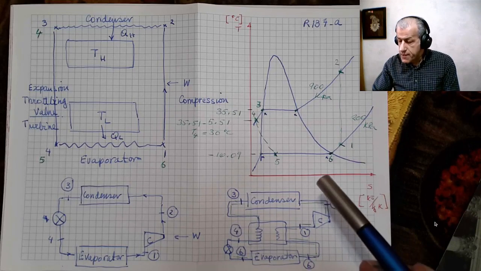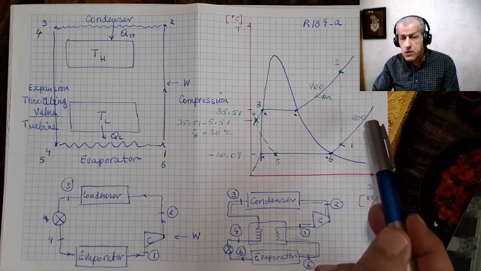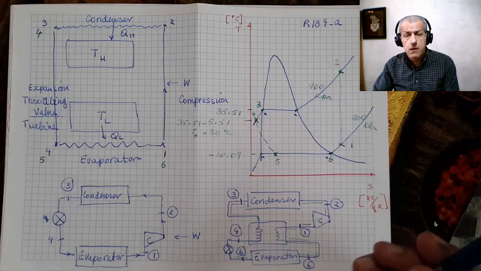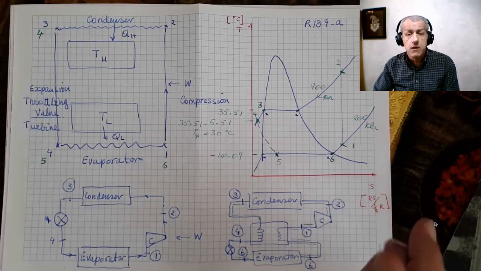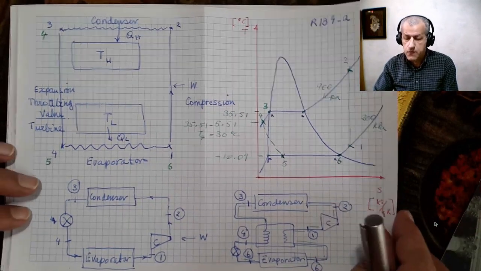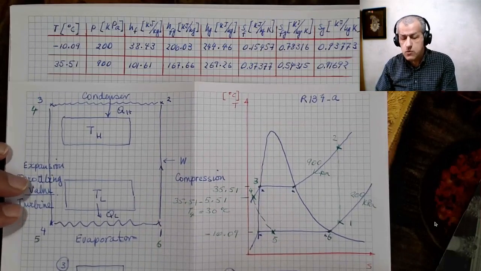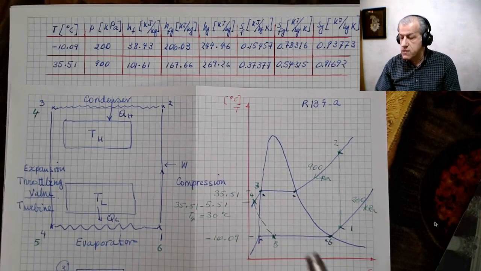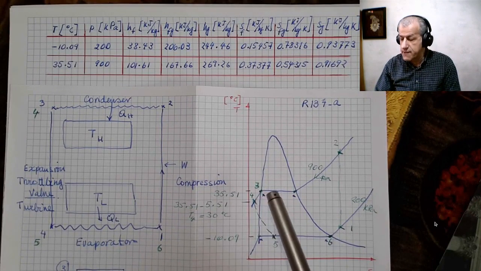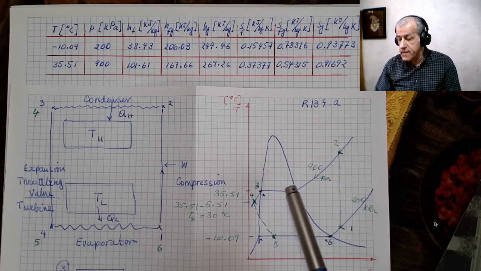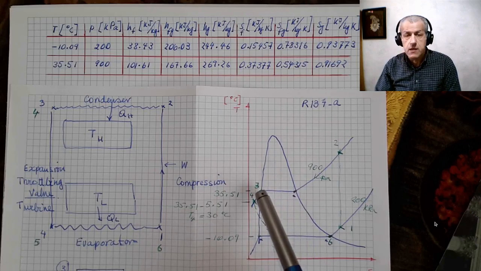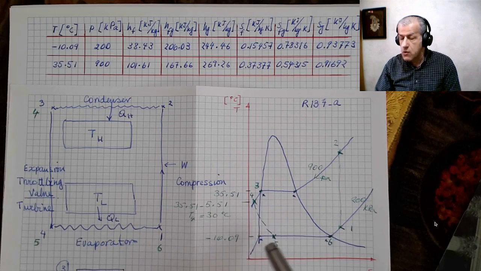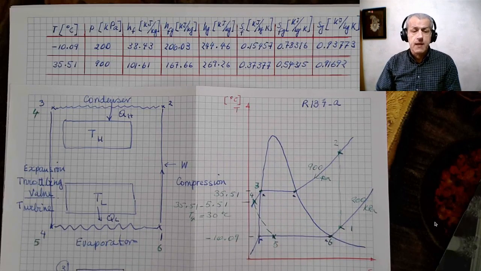Now, once we knew the two basic pressure values that our system was working on, what we did was to go to the tables and read the key values. In fact, we read the enthalpy and entropy of saturated liquid and saturated vapor for both our pressure lines.